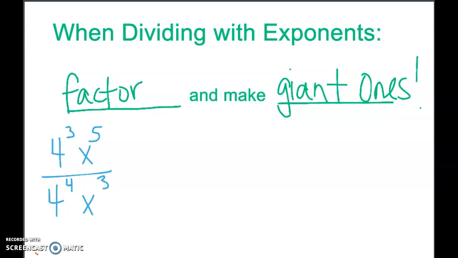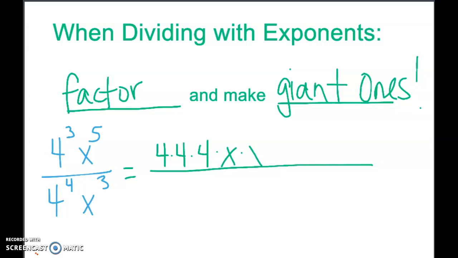So in this last example, the first thing we would have on top is 3 copies of 4 being multiplied by each other, and then 5 copies of x. And then on the bottom, we would have 4 copies of 4 and 3 copies of x.